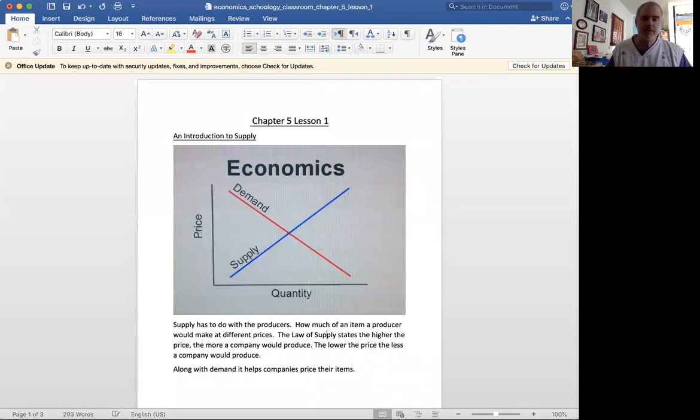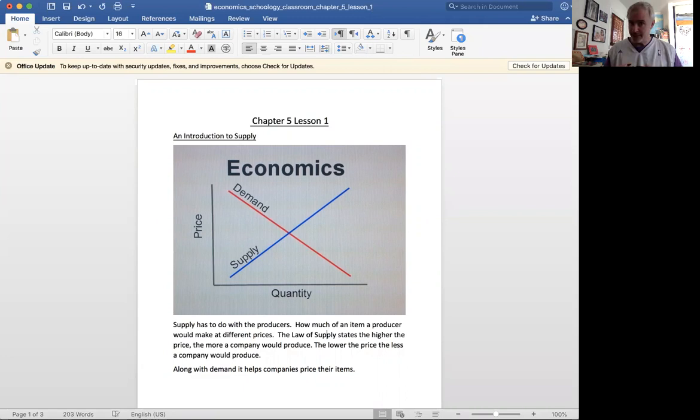Okay, today we're going to take a look at and try to understand better the idea of supply. We talked about this when we started demand. We said that the very basics of economics, once you get past vocabulary terms and basic economic systems, is supply and demand.